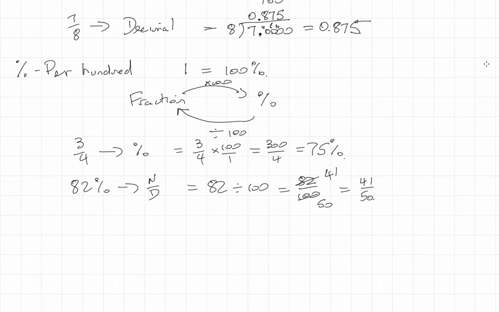So there's fractions. Decimals are the same sort of deal, so if we've got decimals to a percentage, it's the same rule, multiply by 100 and then divide by 100.